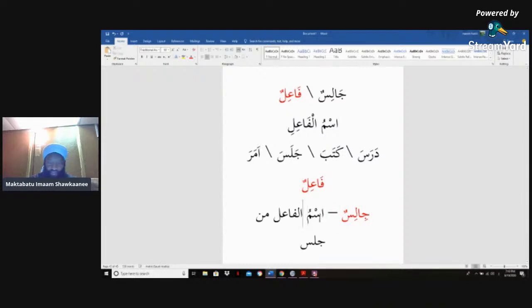That's it. If you see a noun like salim on this shape, it's going to be the ism fa'il of a 3-letter verb. The first letter is followed by alif, the second letter has a kasra, the third letter has a dhamma.